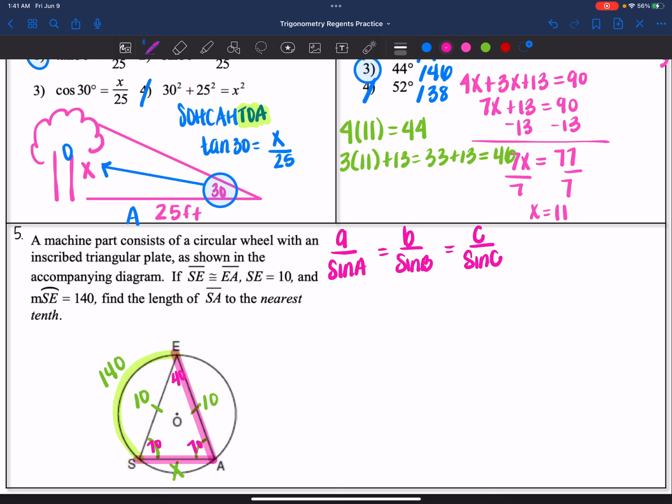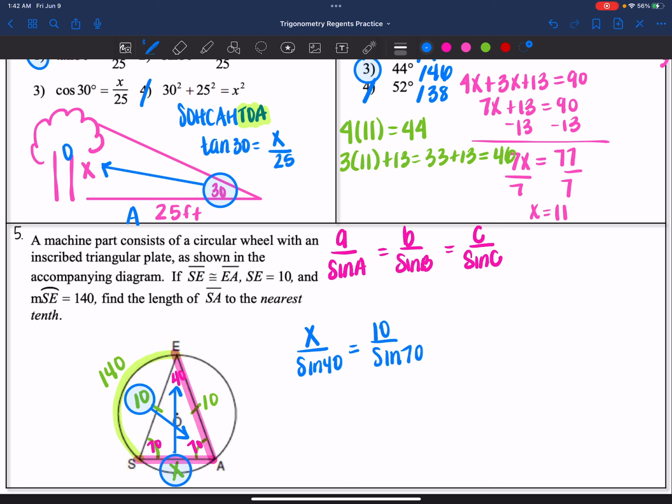So in this triangle, I'm looking for X, and the angle opposite X is 40. So I can say X over the sine of 40 is equal to, well, I need another set, and I have two. I can just choose any one that I want. So let's choose 10 over the sine of 70.